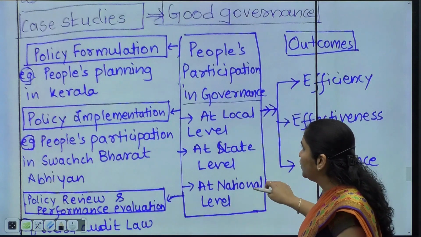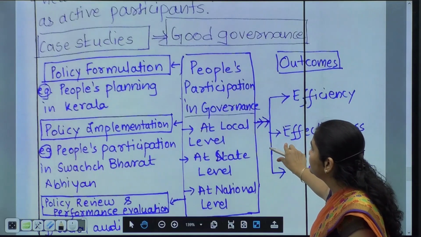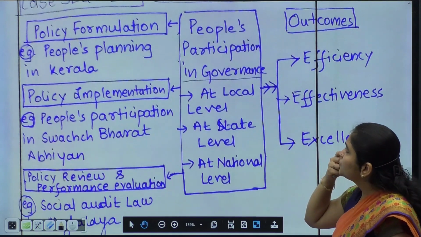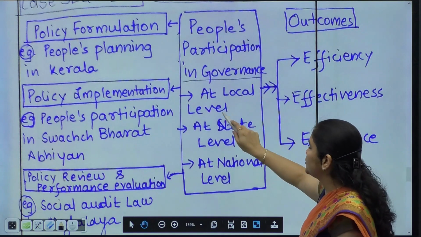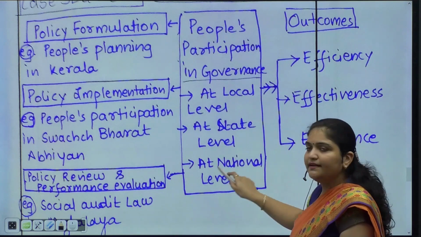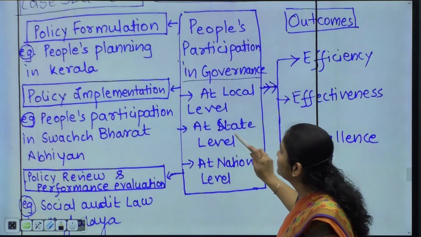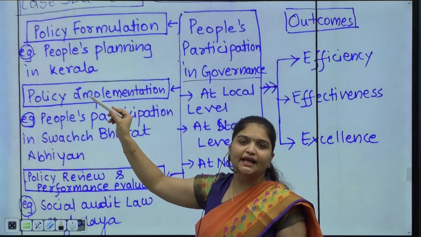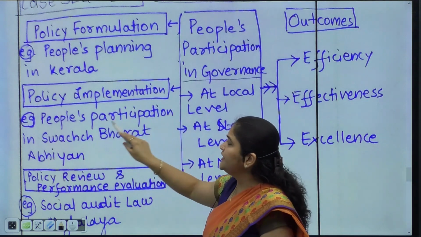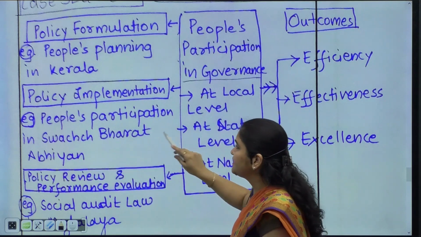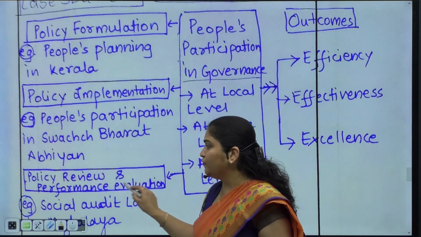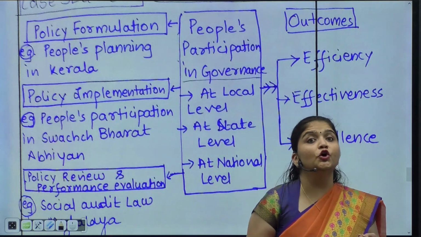So see, I have drawn this diagram to show you this. I'm saying people's participation at the local level, state level, and national level, in policy formulation, for example people's planning in Kerala; in policy implementation, people's participation in Swachh Bharat Abhiyan; and in policy review and performance evaluation, the social audit law in Meghalaya.